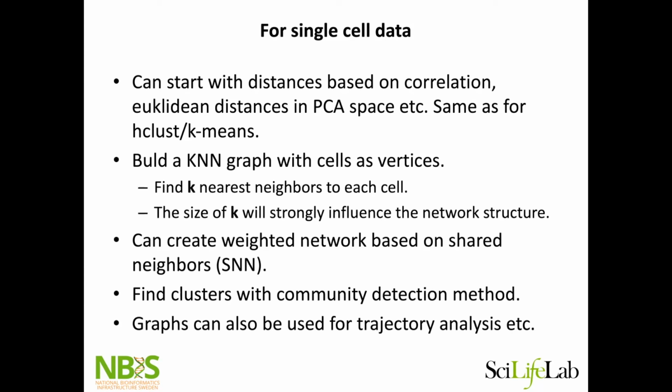And many methods also then refine the KNN graph to this SNN graph. Then we use community detection methods to find clusters. And as Paulo already talked about, graphs can be useful for other things. They're included for dimensionality reduction, in trajectory analysis, and a lot of other types of analysis.